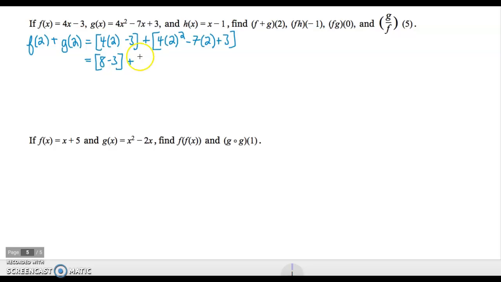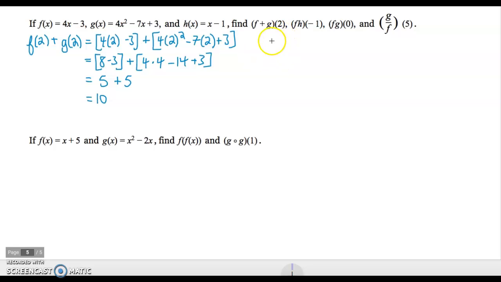And then in the second part, 4 times 2 squared is 4 times 4, which is 16, minus 7 times 2 is 14, plus 3. So I end up with 8 minus 3 is 5, plus 16 minus 14 is 2, 2 plus 3 is another 5. So total would be 10.